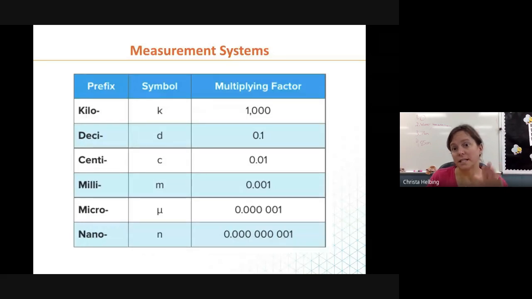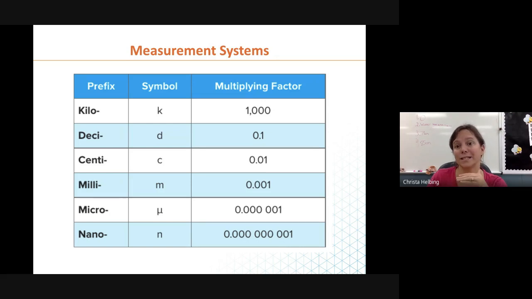Different things are going to have different measurements. For example, a cc, a cubic centimeter, is the standard unit for how much blood you're going to draw if you have your blood drawn.